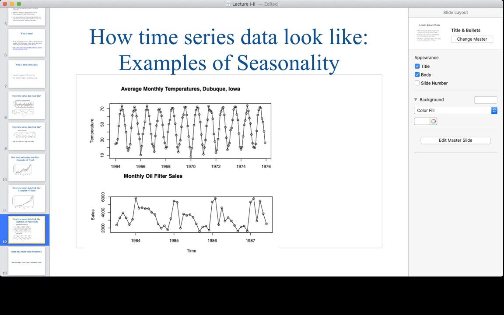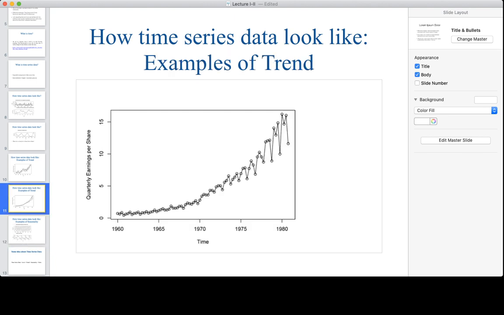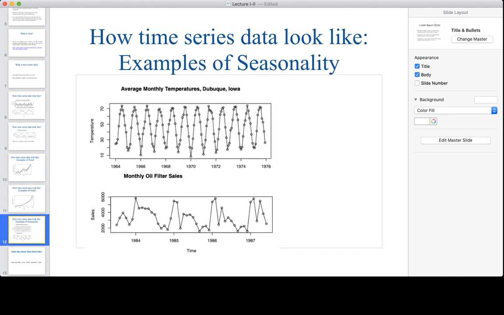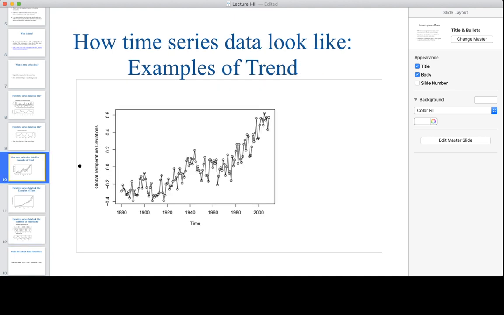Okay, so we talked about trend, we talked about seasonality. Now one more thing: if you draw a mean line in a time series, what you get is called level. Level is not that important, we don't always talk about it, but it's just the mean value of that time series data.